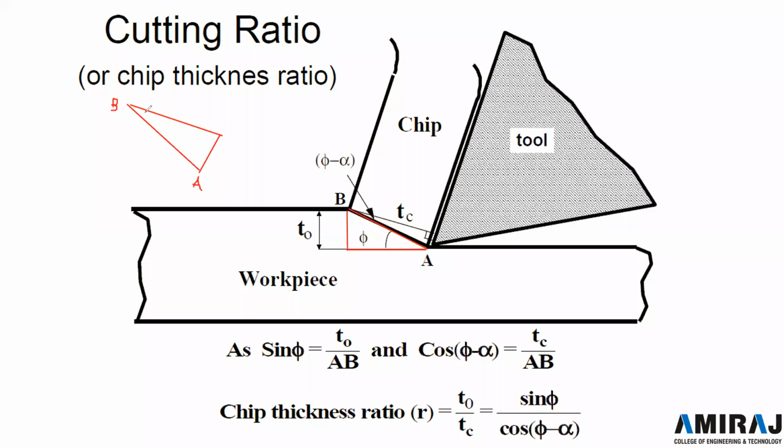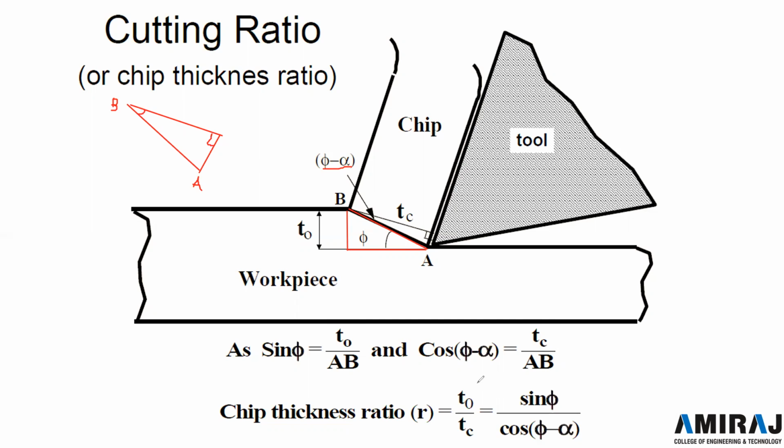The angle between this and the 90 degree angle will be phi minus alpha, because the vertical angle is alpha and this angle is phi. So this angle will be phi minus alpha.